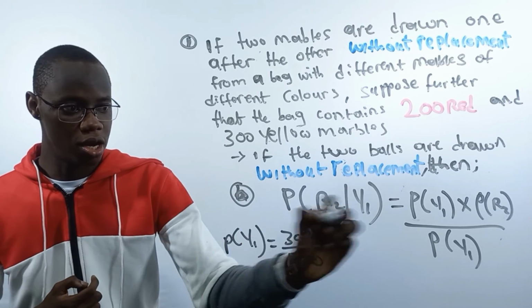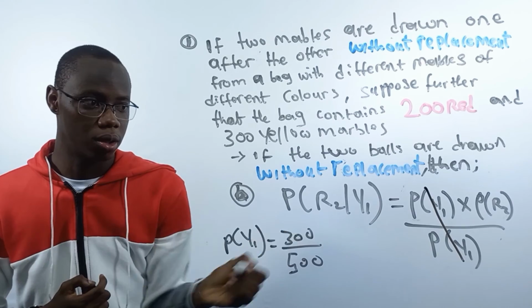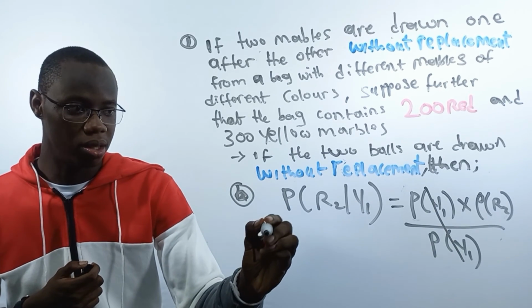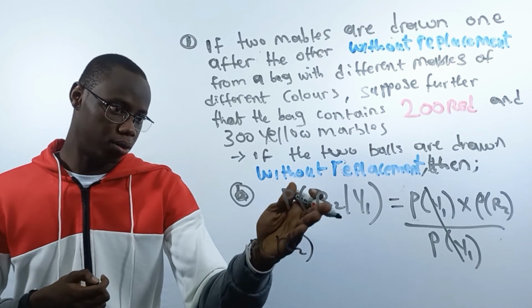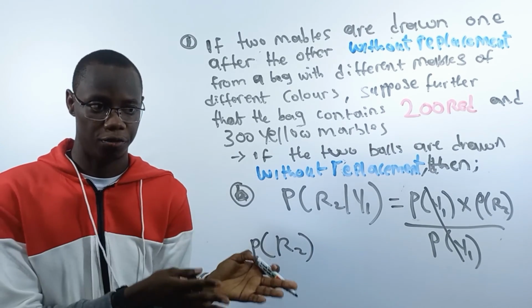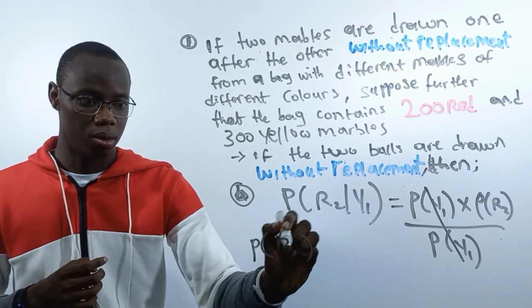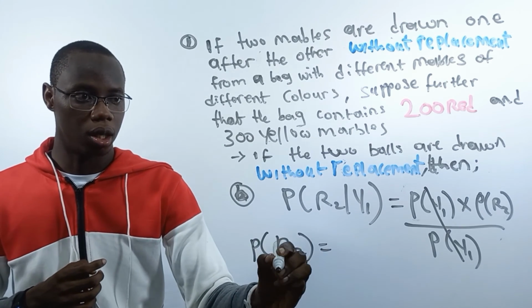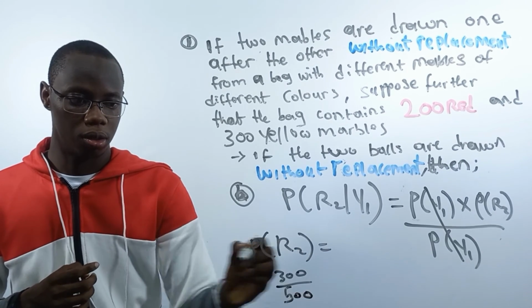So here 500. So here will be 300 over 500. Exactly. And they cancel out. So what we're left with is what's the probability of getting second as red when we have the first one. So if you pick yellow the first time, we'll get 300 over 500, right?